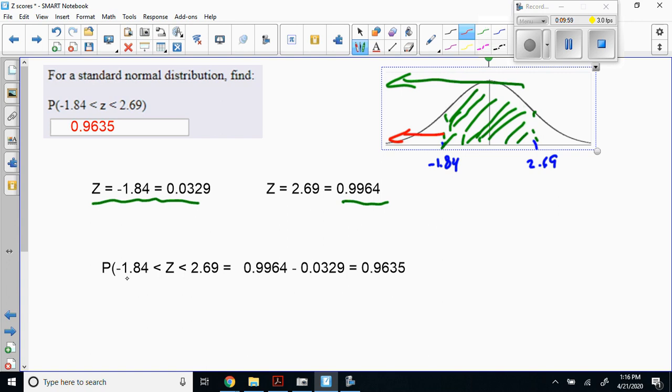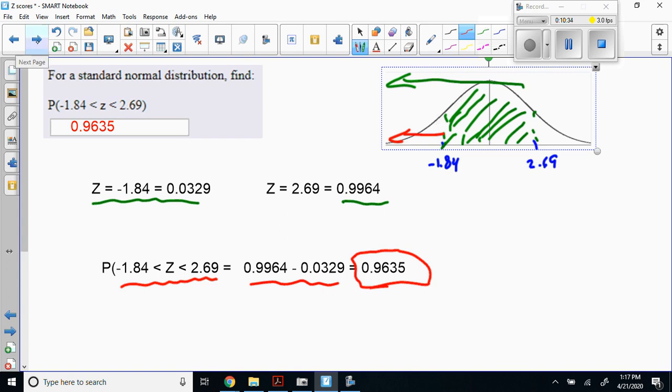So if I want to know what it is between them, all I have to do is take that, right, and that gives me this. Yep, that's the probability between those two z-scores. Yep, that's the area under the curve. So those are your three setups, right? Okay.